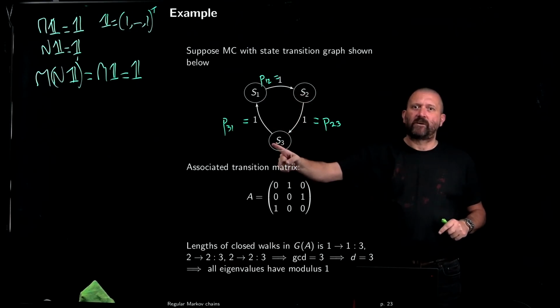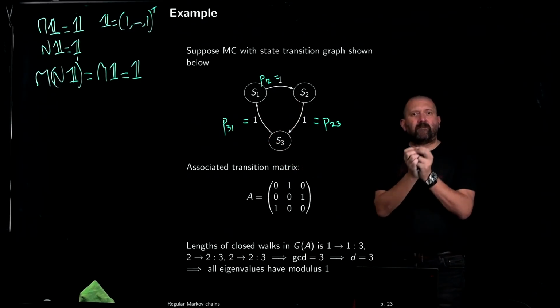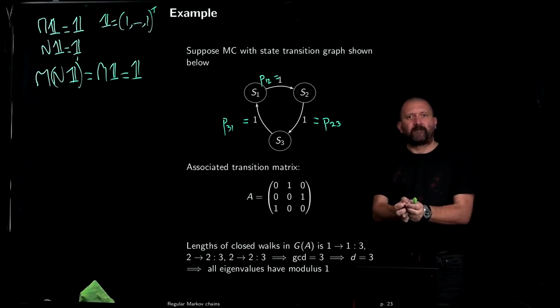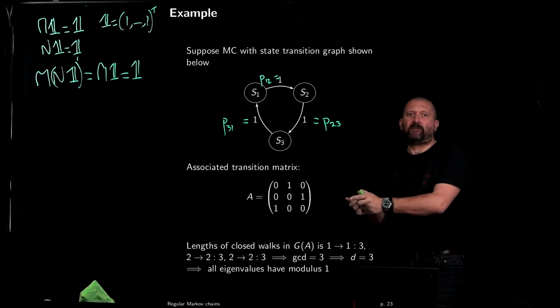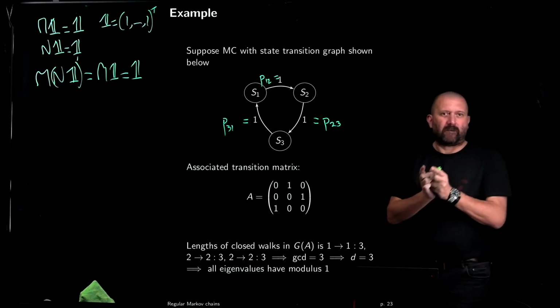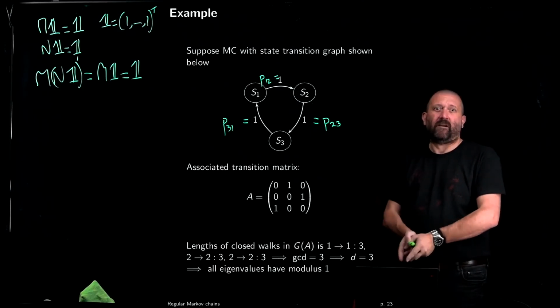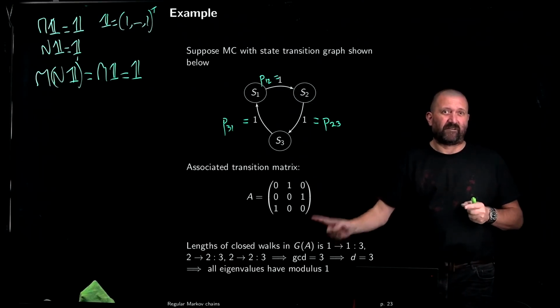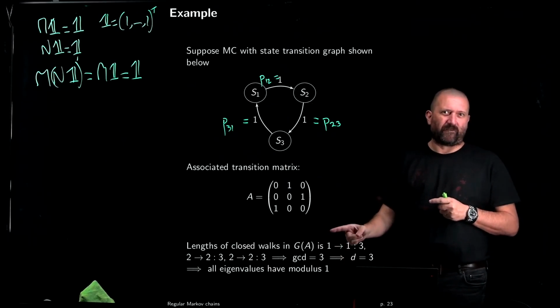From 3 to 3, I go 1, 2, 3. So these closed walks have lengths 3, 3, and 3. When I take their greatest common divisor, I get 3. So this matrix is imprimitive, with index of imprimitivity equal to 3.